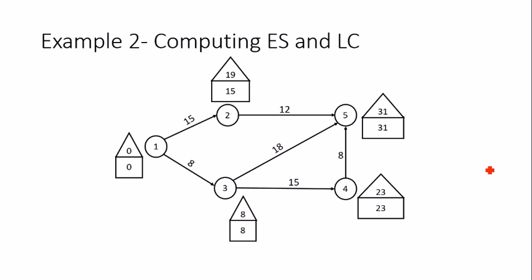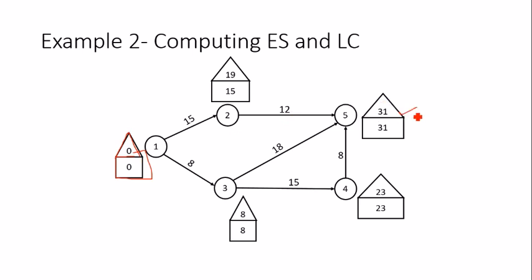I assume you already know that. If you do not know, then you have to go back to the previous video lectures to learn how to compute ES and LC. I have already computed here the earliest starting times and latest completion times. In the square box we write the earliest starting time, in the triangular box we write the latest completion time. And once this is done, you have to look at the terminal node.